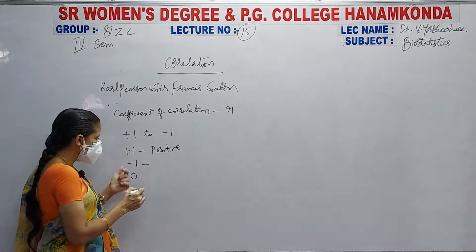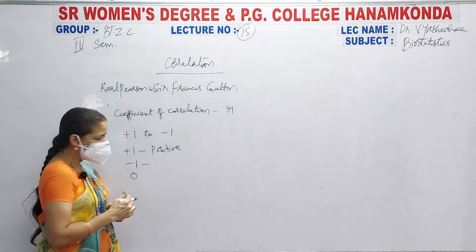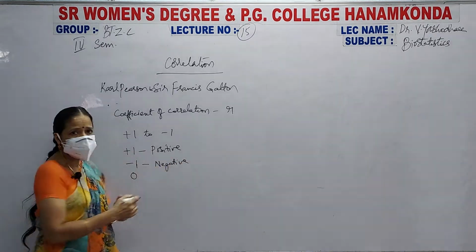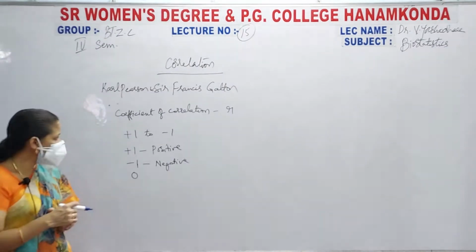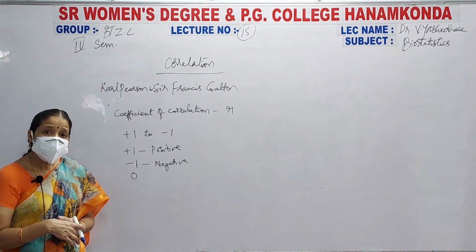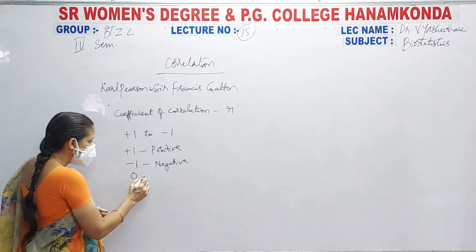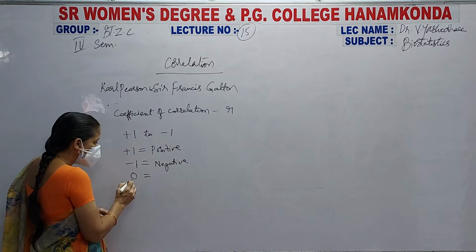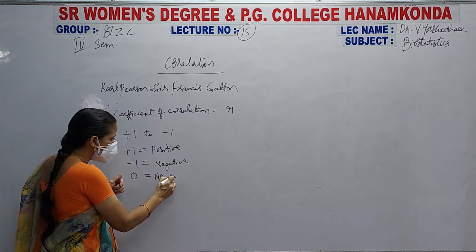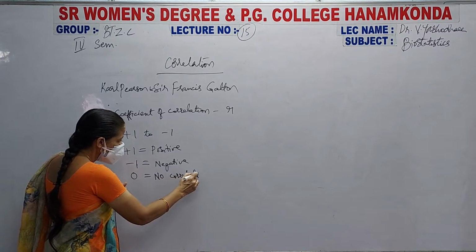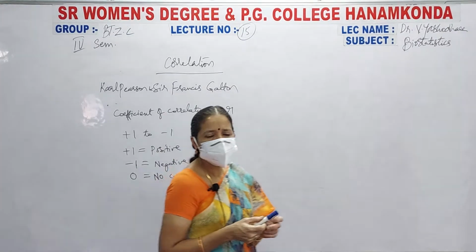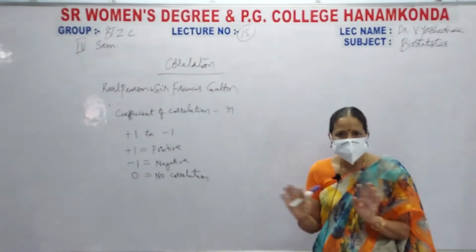If it is -1, it is a negative correlation, meaning the variables are not that much related. If it is 0, they are not correlated; there is no correlation between the variables.